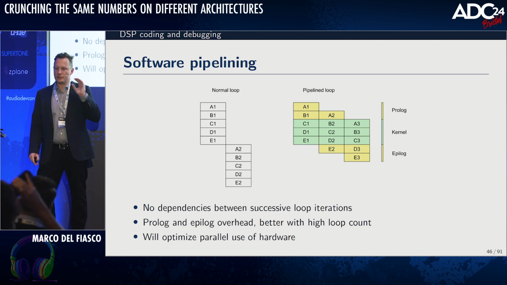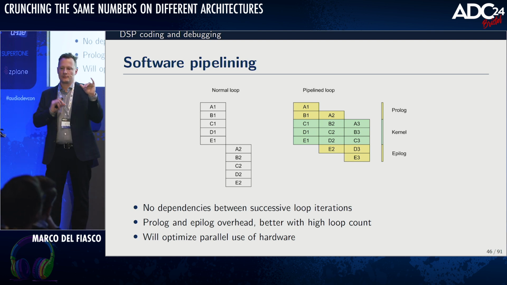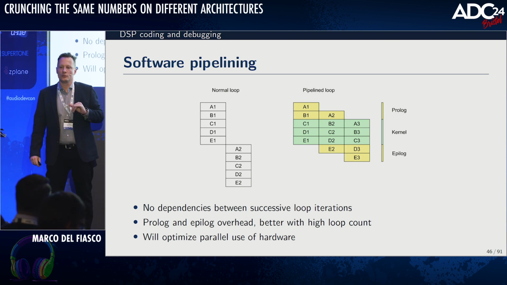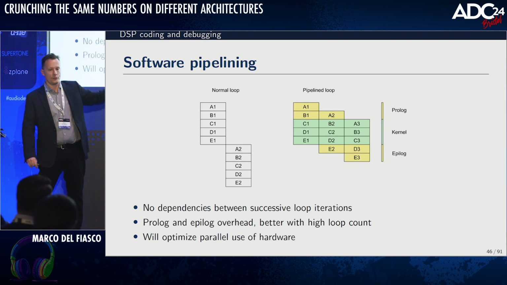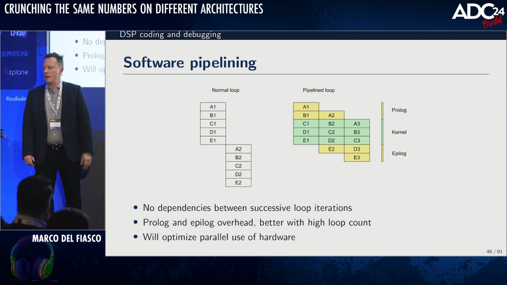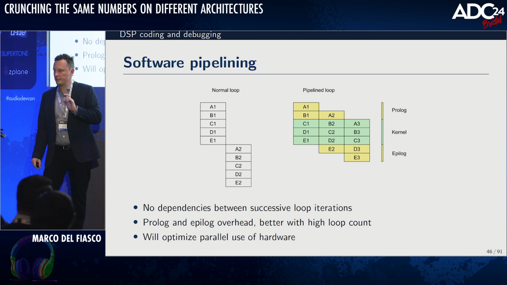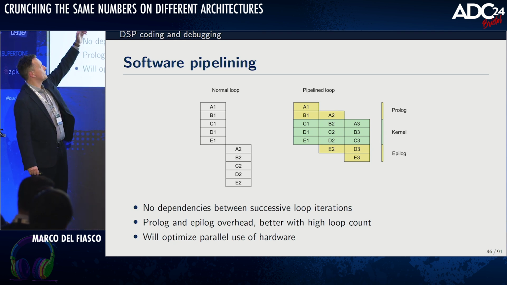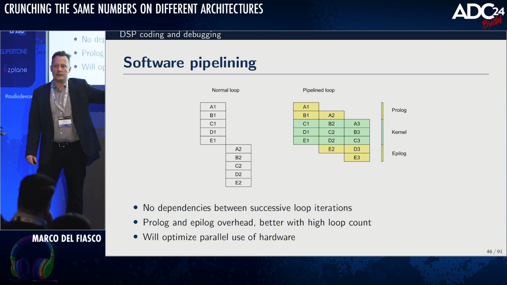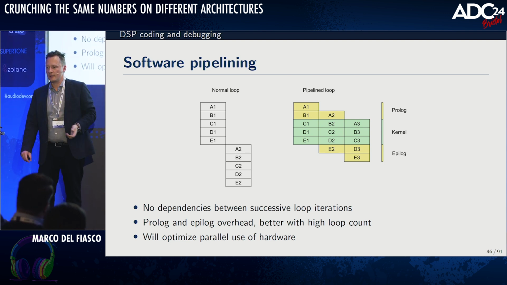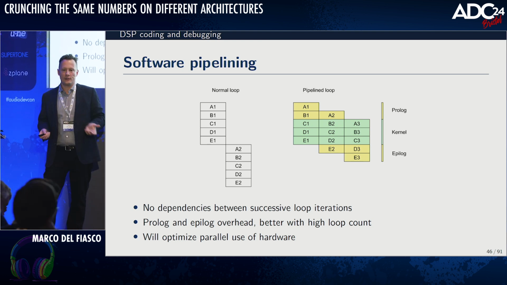But if there is no data dependencies, your loop can be parallelized. So the compiler will try to schedule parallel executions of the loop, if it can, at the cost of a small prologue and epilogue. So you see that the compiler this way was able to save some cycles. But if this loop count is high, like 100, 200, or even more, things are going better.